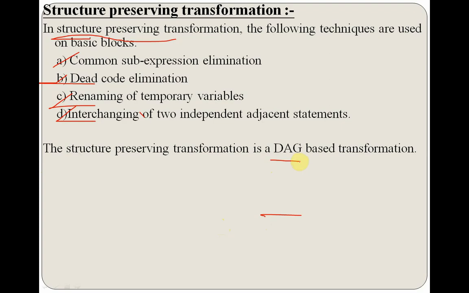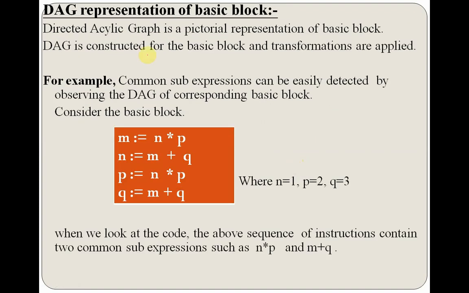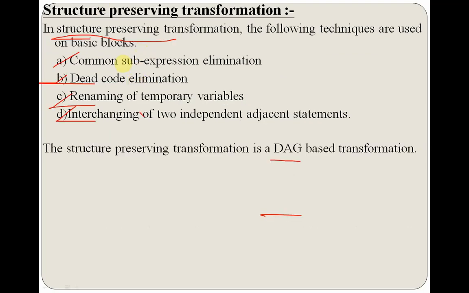To identify common subexpressions or dead code or copy statements, we will construct a directed acyclic graph for a basic block or a program code or intermediate code, and accordingly we will identify transformations to be applied, and we can simplify the code. For example, we will use DAG representation here to do the first one, that is common subexpression elimination.